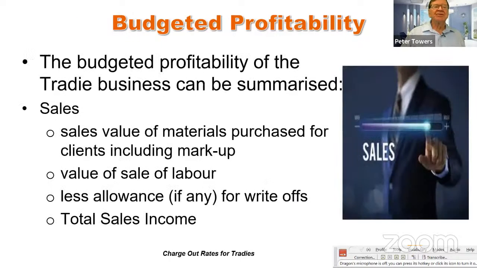You're then able to calculate the budgeted profitability for the business. We're going to have the sales value of materials purchased for clients, including the markup they're placed onto those goods, the value of sale labour, less allowances, if any, for write-offs, and that will give the total sales income for the business for 12 months.